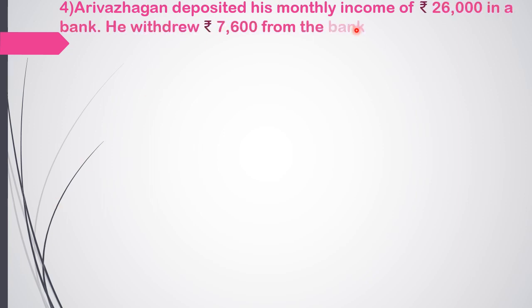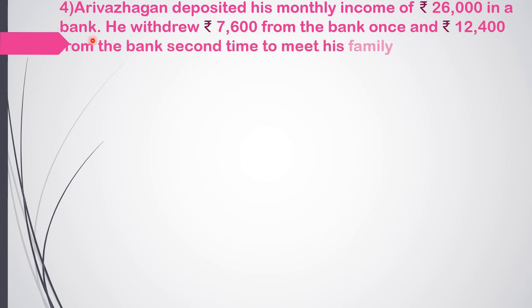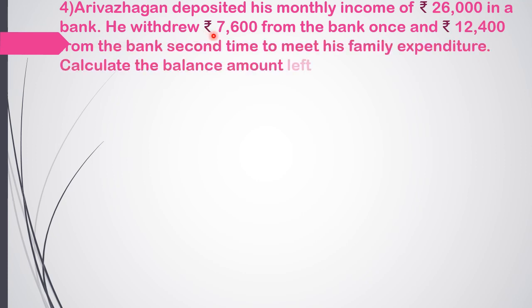So next sum. Arivalagan deposited his monthly income of rupees 26,000 in a bank. He withdrew rupees 7,600 from the bank once and rupees 12,400 the second time to meet his family expenditure. Calculate the balance amount left in his account.